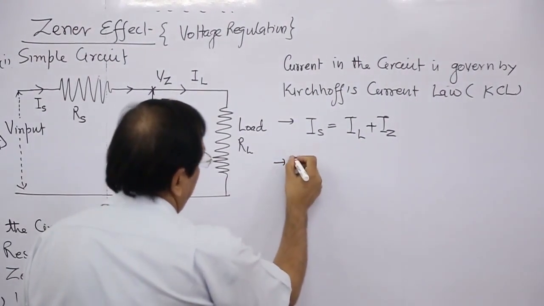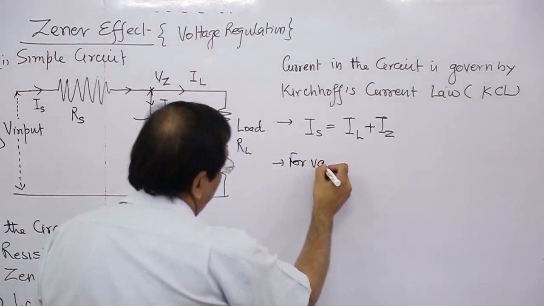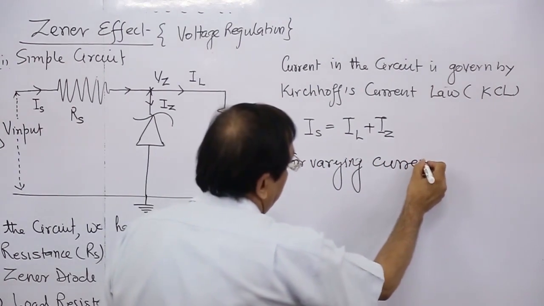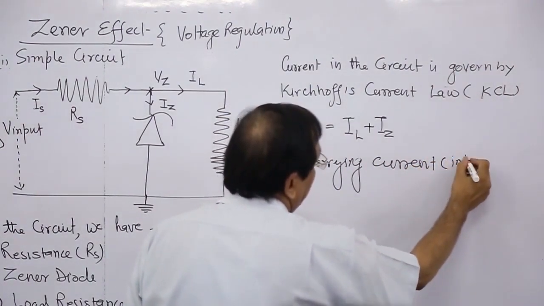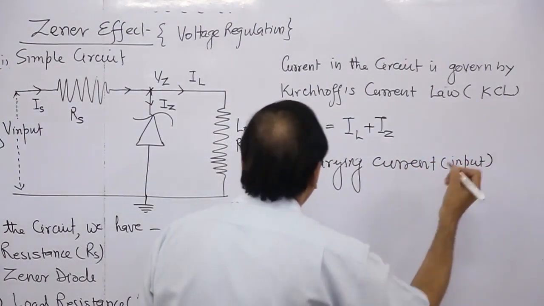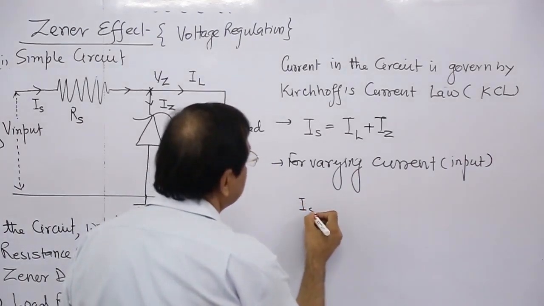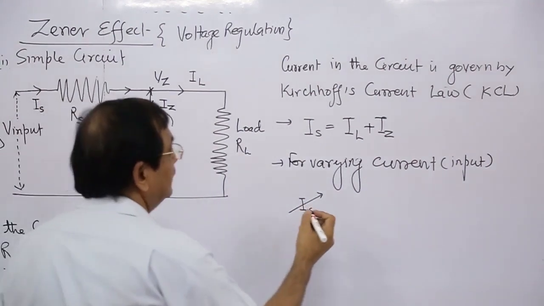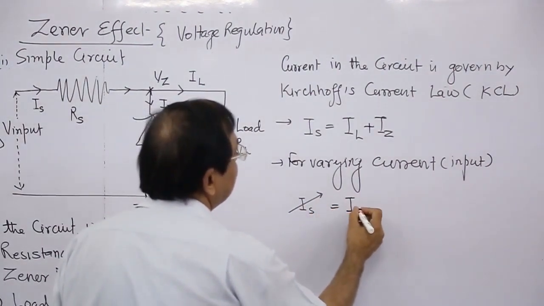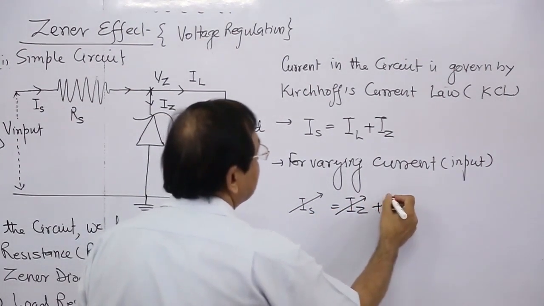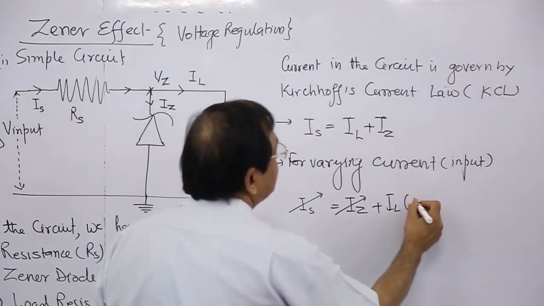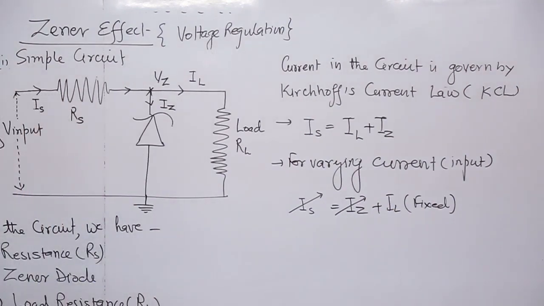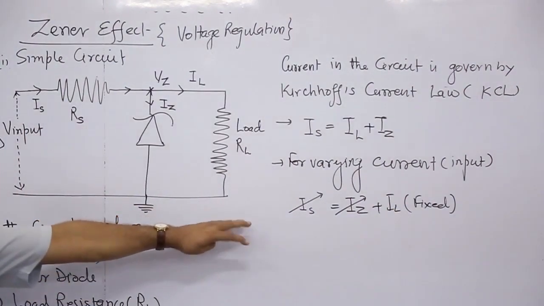For a varying input current, that is, if IS varies, then IZ varies plus IL is fixed. This is the simple mechanism.